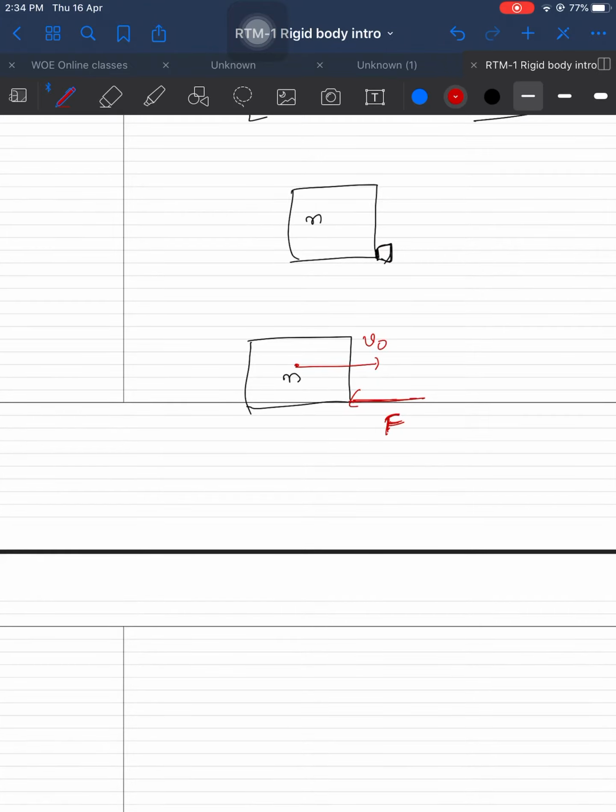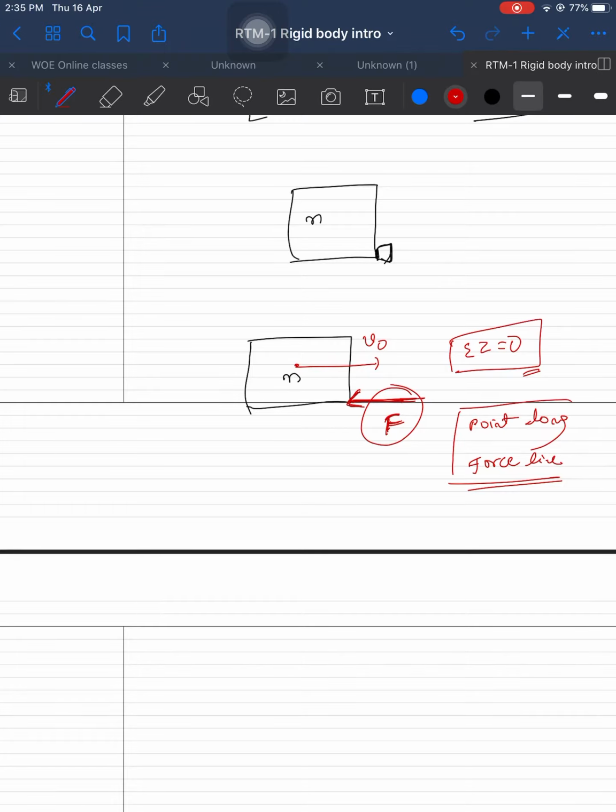If I take a point here, I should make the net torque equal to 0. How to make it 0? Only one force is acting. If I take a point along the force line, then ultimately the net torque is 0.